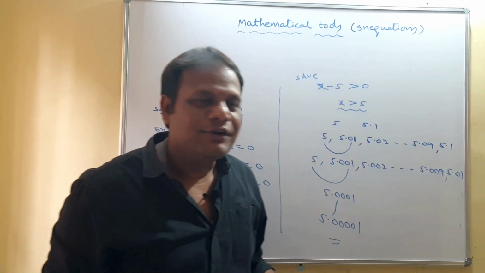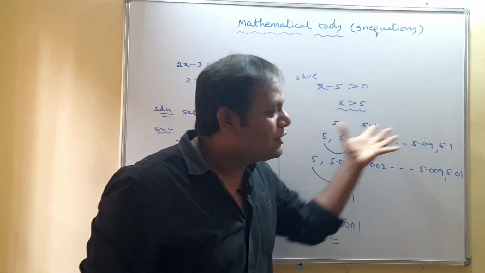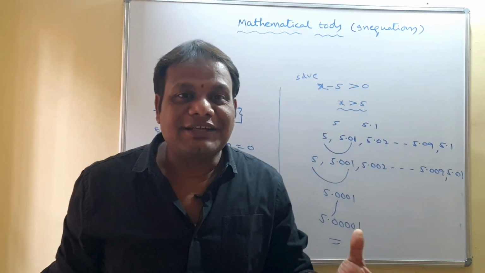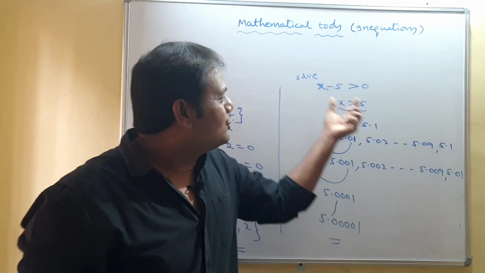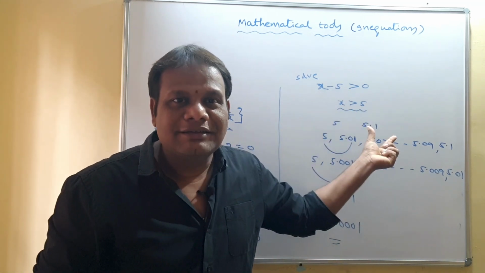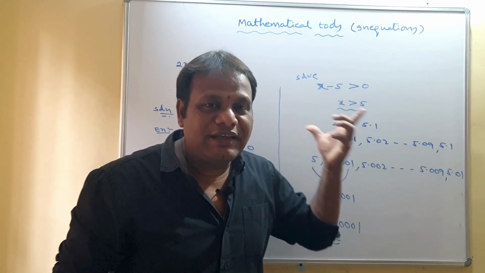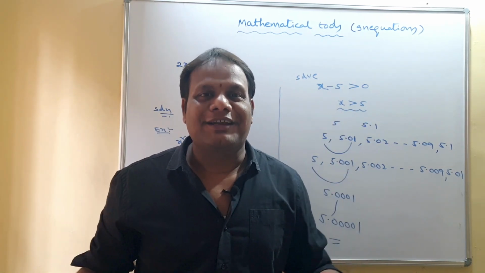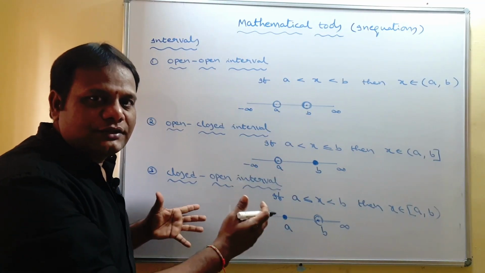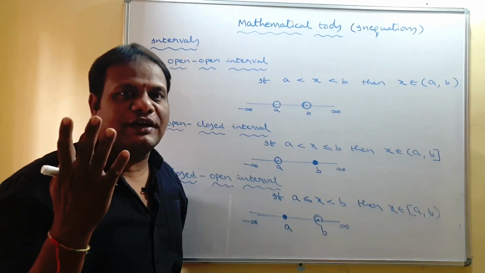No, not possible. We are unable to write all those real numbers as a list. That is the reason to represent solutions of this type of inequations, we use the concept of intervals. We have 4 types of intervals.